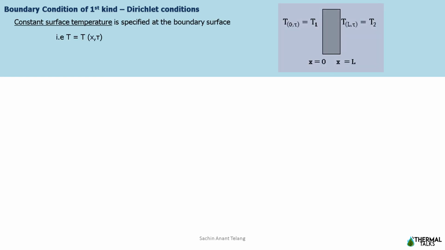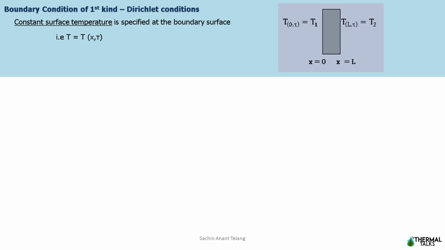There are three important boundary conditions we have to apply to solve any heat conduction problem. The boundary condition of the first kind, or Dirichlet condition, is one wherein a constant surface temperature is specified at the boundary surface, which means I have a material and both sides of the surface are specified with a temperature.